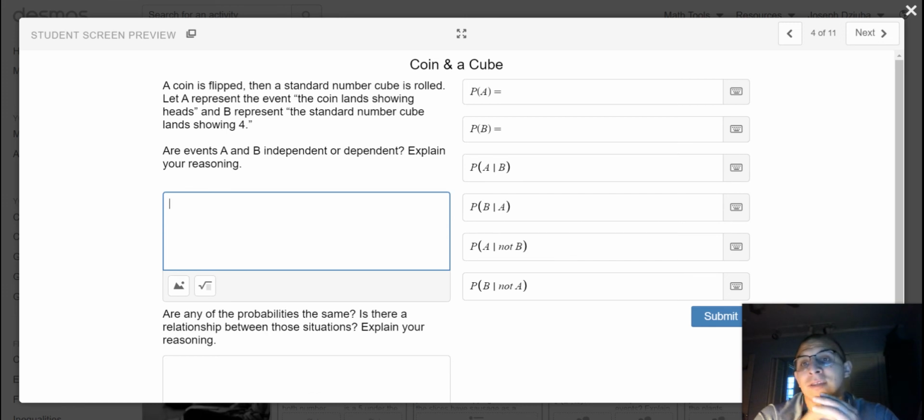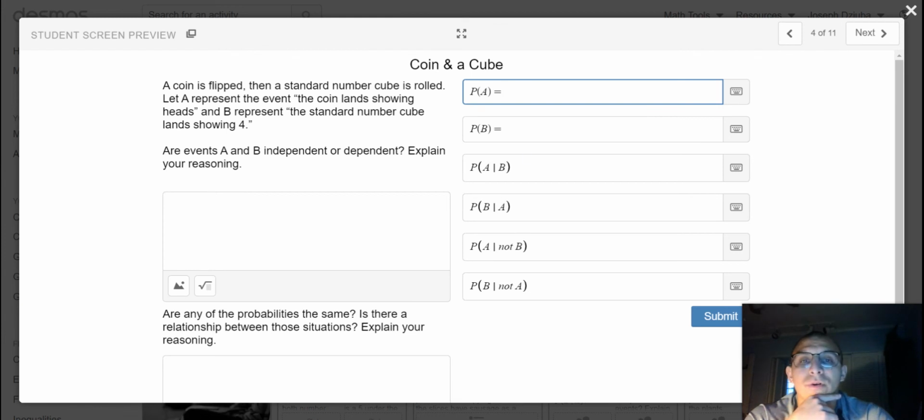So in this case, the coin flip has no bearing on the dice roll. So that should tell you whether or not the events are independent or dependent. And make your way through these accordingly.